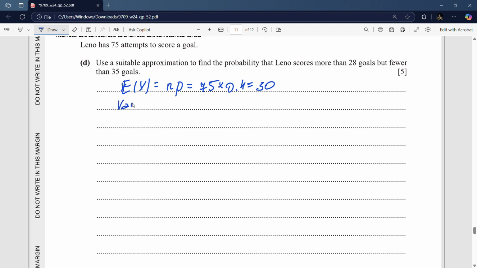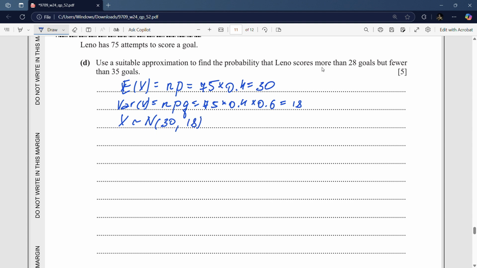And we have to find the variance, which is npq, so number of attempts multiplied by probability of success multiplied by probability of failure, which gives us 18. So we know that it is a normal distribution with a mean of 30 and a variance of 18.